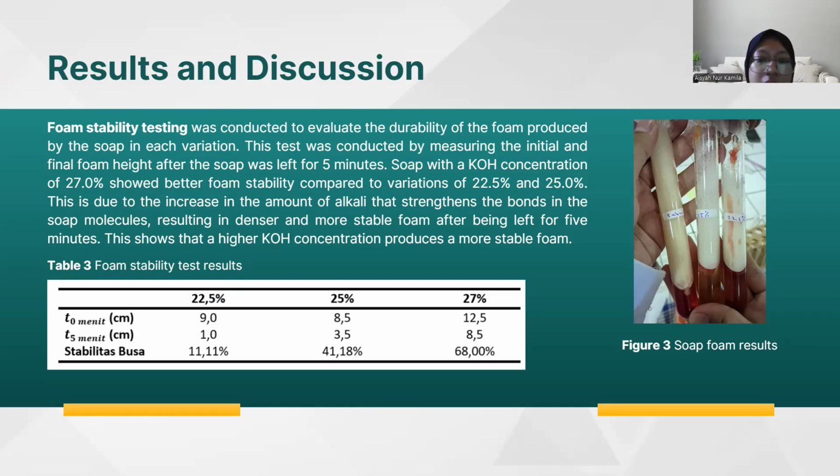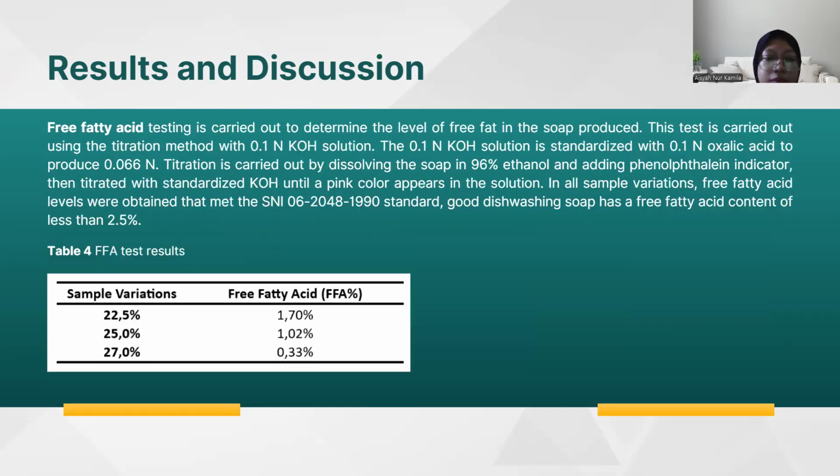This is due to the increased amount of alkali, which strengthens the bonds on the soap molecules, resulting in a denser and more stable foam after being left on for 5 minutes. This indicates that higher concentration of potassium hydroxide results in more stable foam.